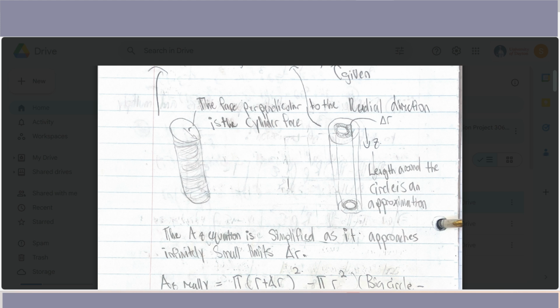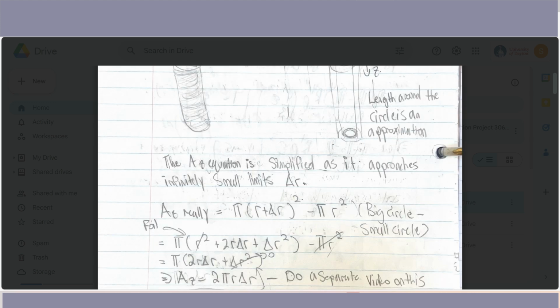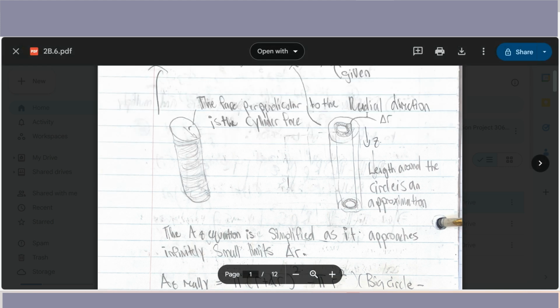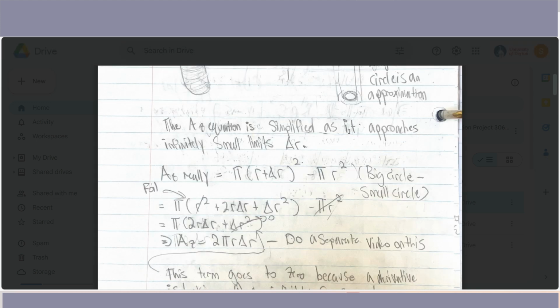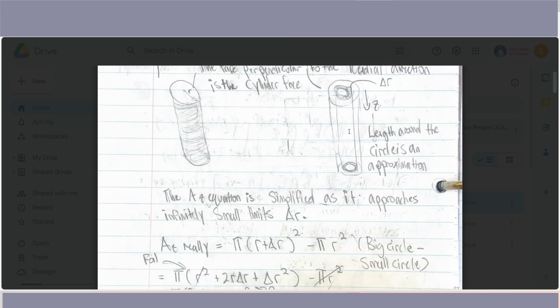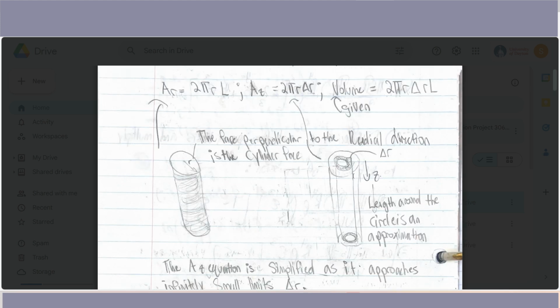So the thickness of this dimension here, does that make sense? It's the big circle minus the small circle. Like this circle including the middle area minus just the middle area.